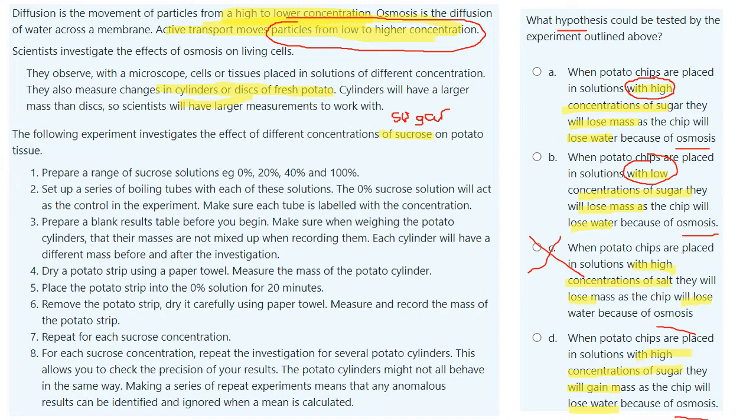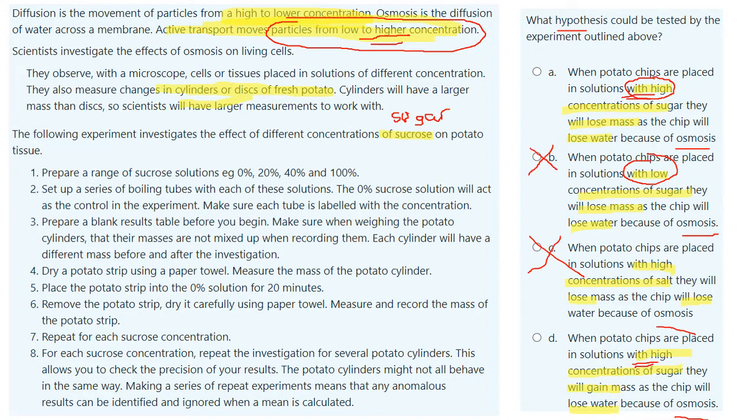Diffusion and osmosis are different. The diffusion goes from the high to the low concentration. Osmosis goes from the low to the high concentration. So the water is going to the high concentration area. So answer A, in a high concentration, and then answer D, also in a high concentration. At this point, we can take away answer B.